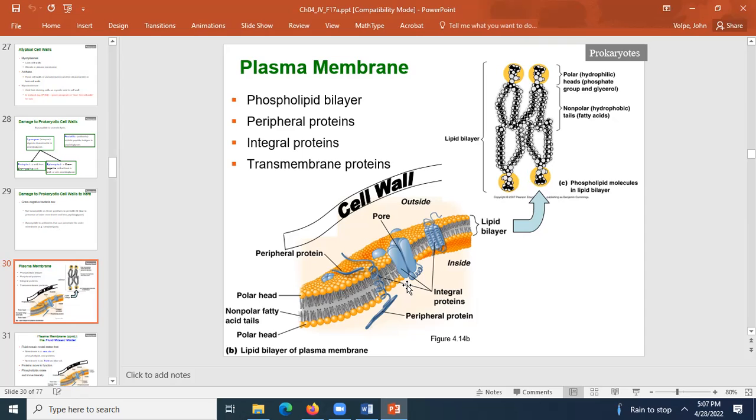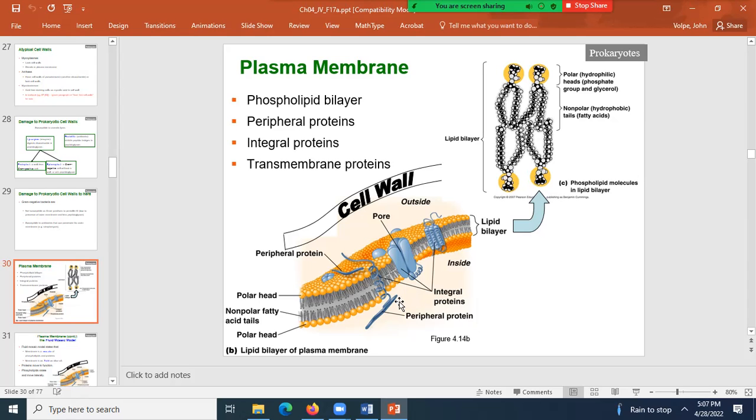Usually the channel protein isn't specific, meaning it can allow many different molecules to move through it, whereas the transport protein is very specific, and it generally allows only one molecule to enter or exit the membrane.